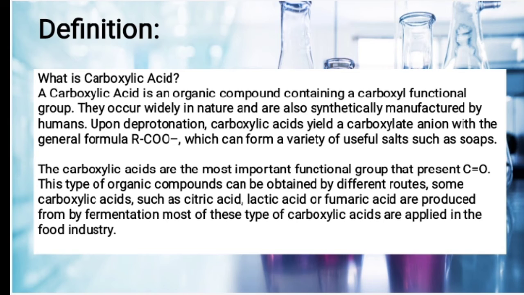This type of organic compound can be obtained by different routes. Some carboxylic acids, such as citric acid, lactic acid, or fumaric acid, are produced by fermentation. Most of this type of carboxylic acid are applied in the food industry.